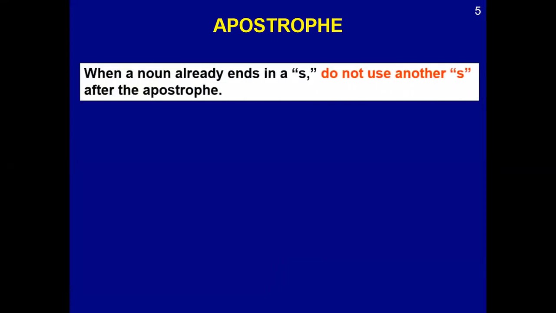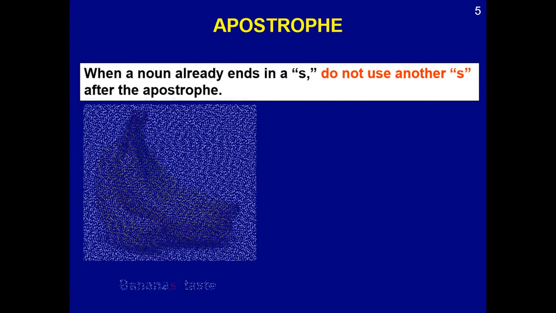Rule number 2: when a noun already ends in S, do not use another S after the apostrophe. It's very important to understand. Most of the time our students, even elders, commit mistakes in this area.